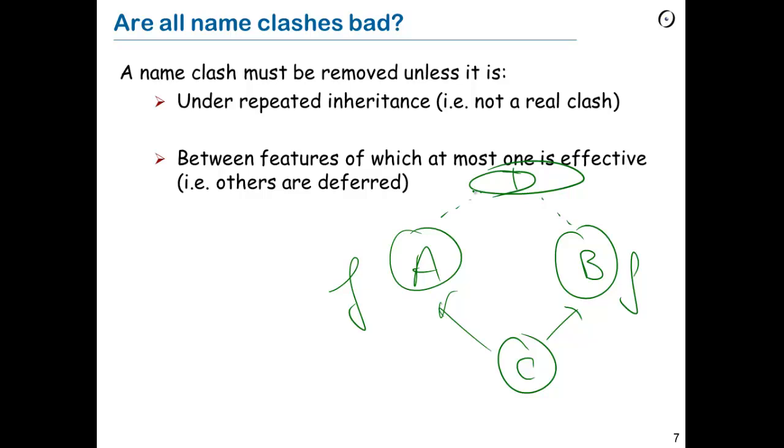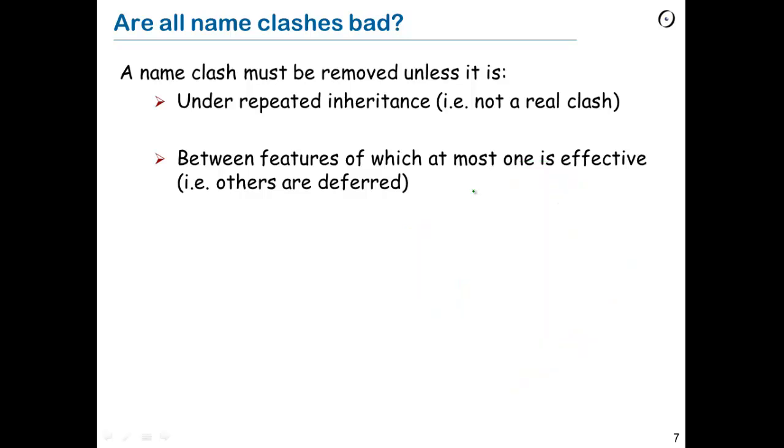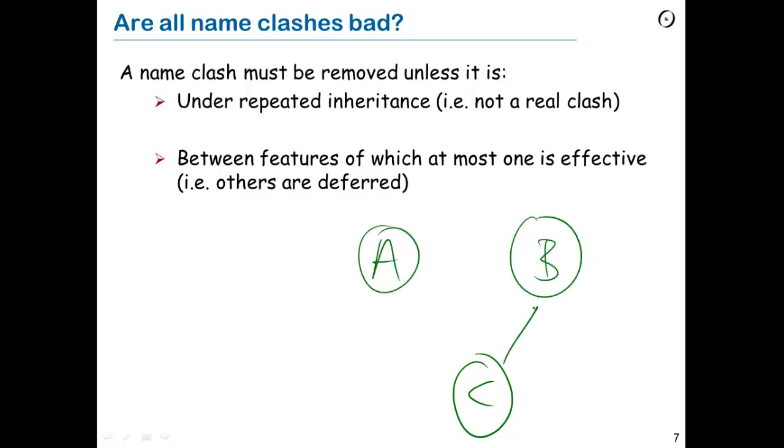Another case in which a name clash is permitted is when we have, again, C inherit from both A and B with a feature called F in both cases, but in one of them, or maybe both, F is actually deferred.